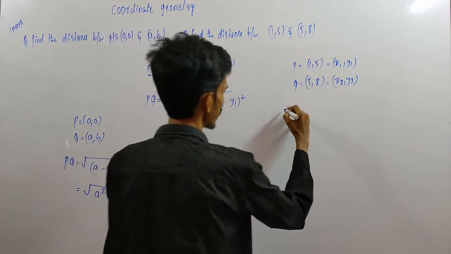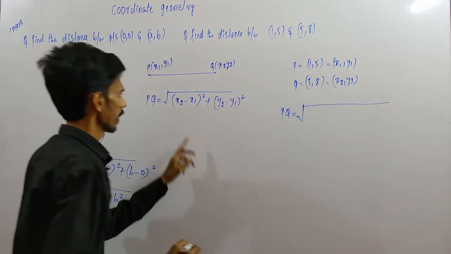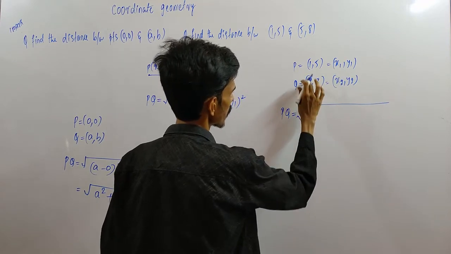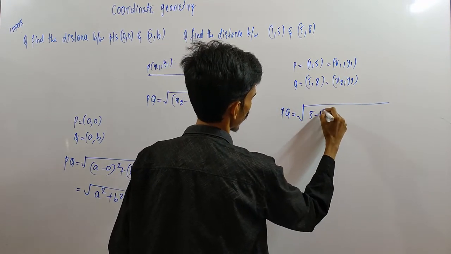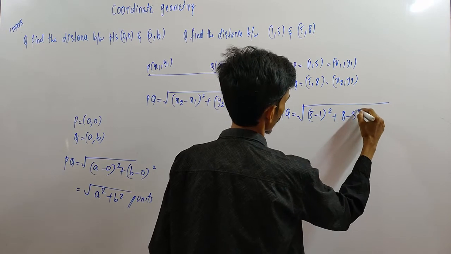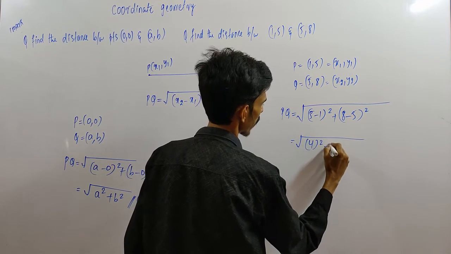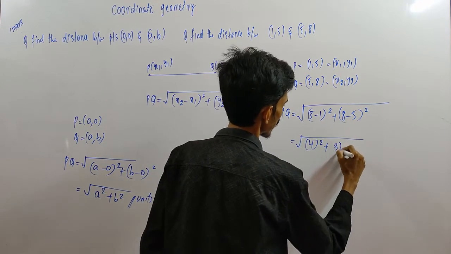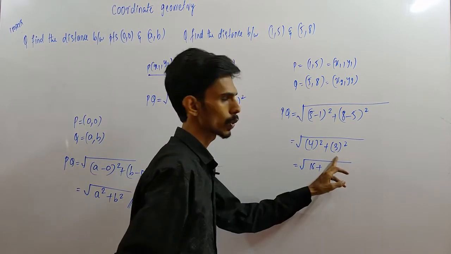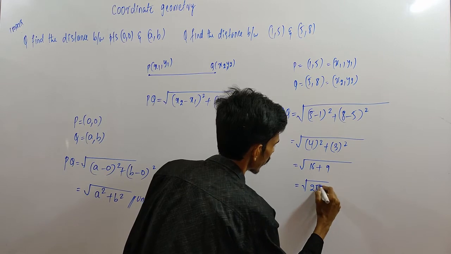Now the distance PQ is equal to the square root of (x2 minus x1), 5 minus 1 because x2 is 5 and x1 is 1, the difference of x coordinates, squared, plus the difference of y coordinates, 8 minus 5, squared. 5 minus 1 we have 4 squared plus 8 minus 5 we have 3 squared. 4 squared is 16, 3 squared is 9. 16 plus 9 we have 25.